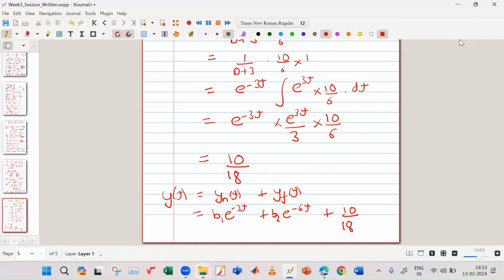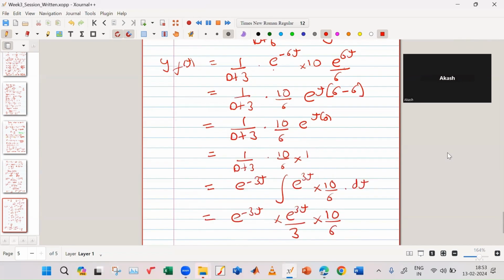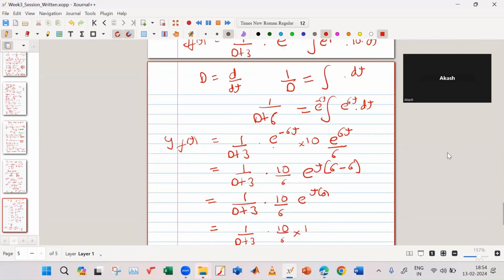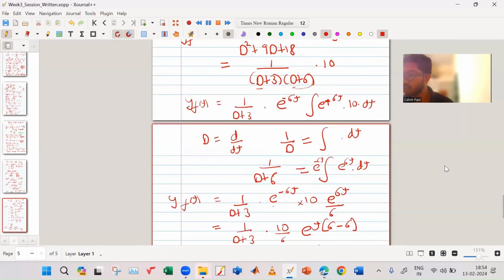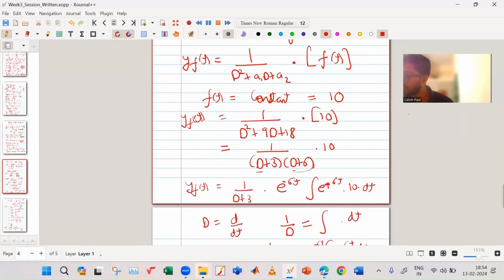Sir, doubt. Instead of doing all this, can we just assume e power 0t in the first step and substitute 0 in the place of D? Yes, that also can be done. Because this is a constant, I just substitute D as 0 and I can do it.